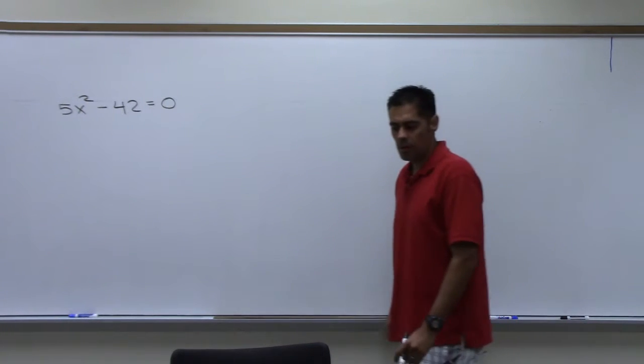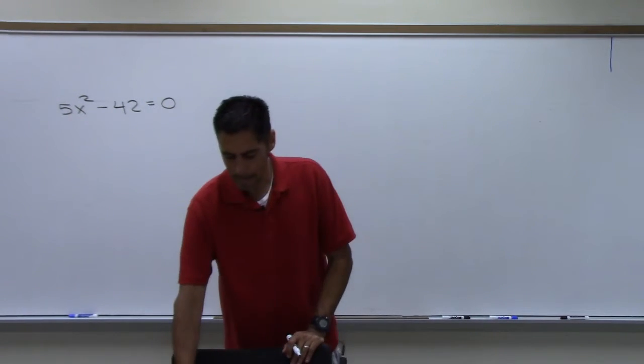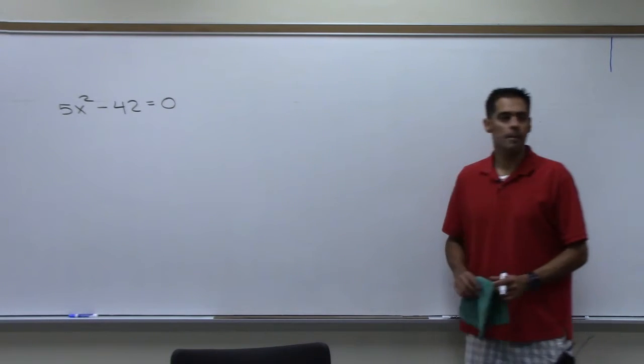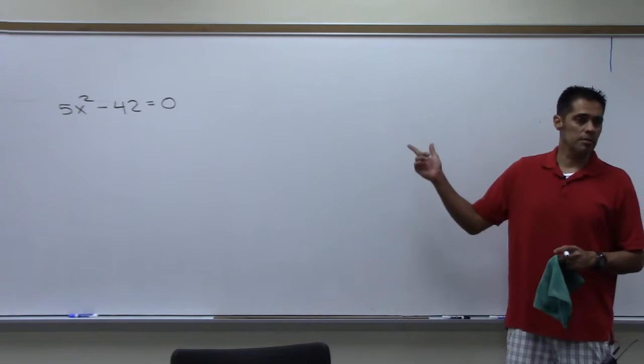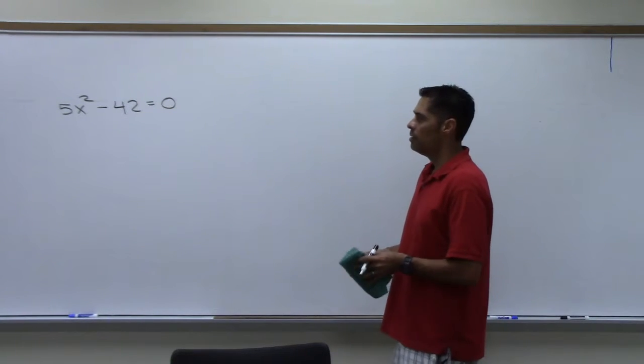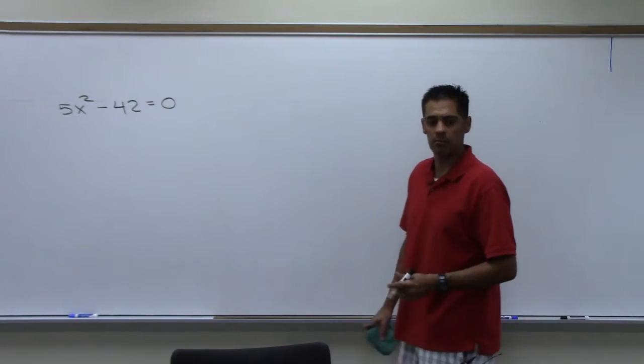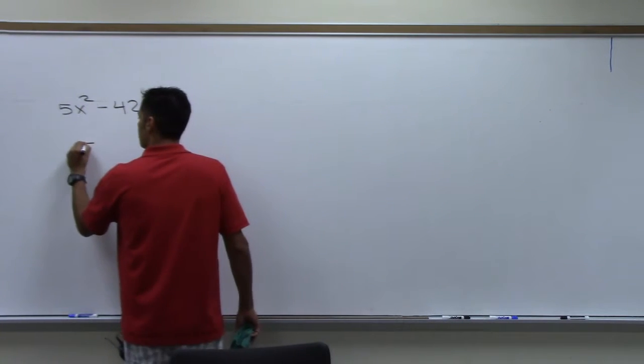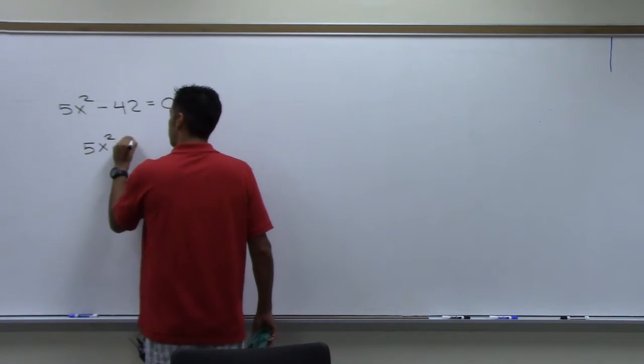So can you use the square root method here? Is it a quadratic equation? Is it missing the x term? Yes. So isolate the x squared. To do that, you'll add 42 to both sides, right?